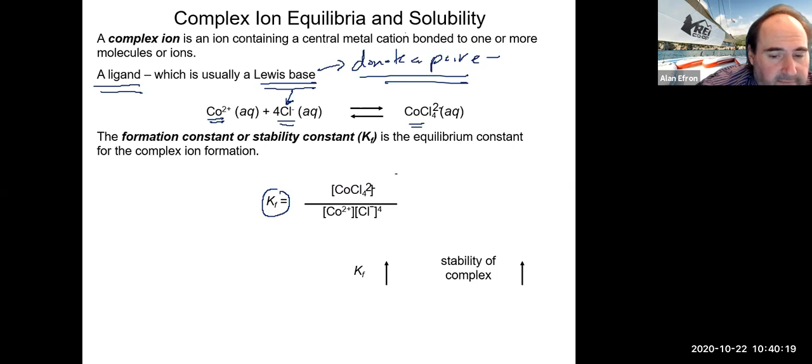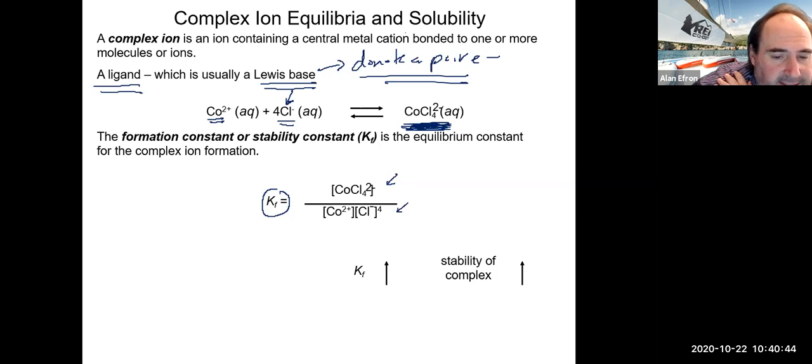And as the Kf value increases, so does the stability of the complex ion. So basically what that means is as our K value gets larger, the equilibrium will lie to the right, and to the right is our complex ion, and it will want to form that complex ion.